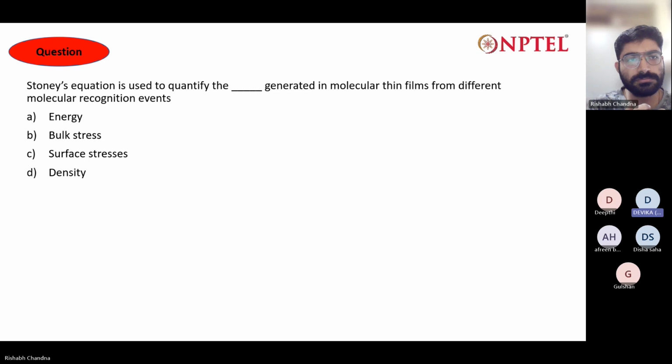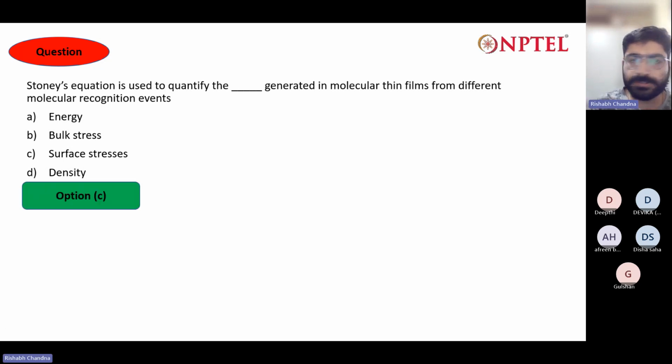Surface stresses, option C. Okay. Any more answers? So yes, the correct answer is surface stresses.